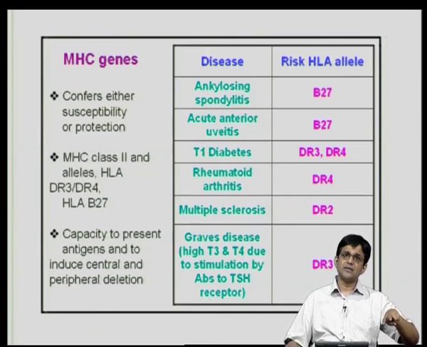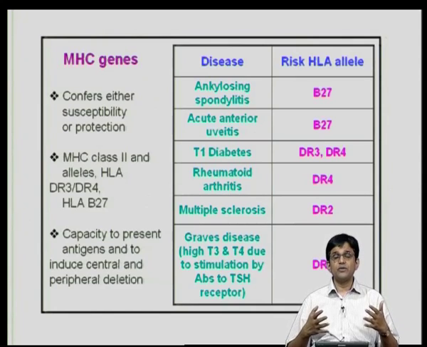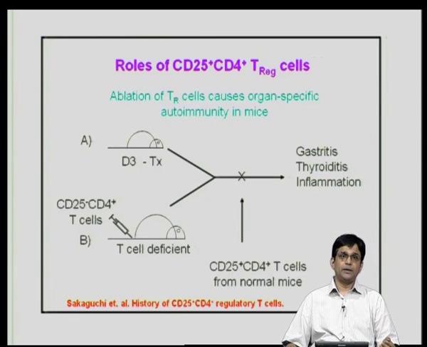So, they bind to the TSH receptors and stimulate them, and this stimulation results in higher production of T3 and T4, which results in increased basal metabolism, which will have its effects. That is an important aspect that needs to be considered. So, it has effects in terms of disease phenotype.